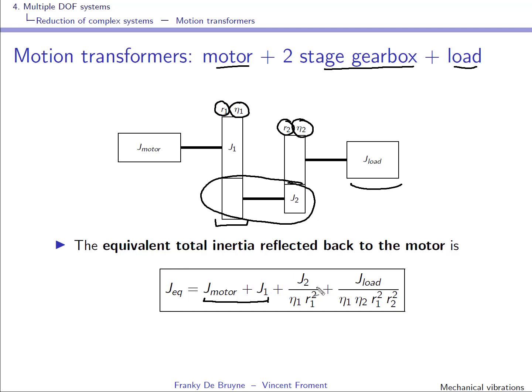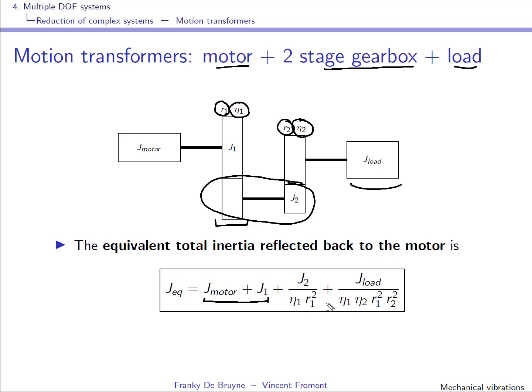You take J2, divide by the gear ratio squared, and also by the efficiency to take into account the efficiency of the gear. It's kind of obvious: when the efficiency is low, you have a lot of friction, so the inertia seen by the motor will be much harder. Intuitively, it has to produce more torque to compensate this friction torque.